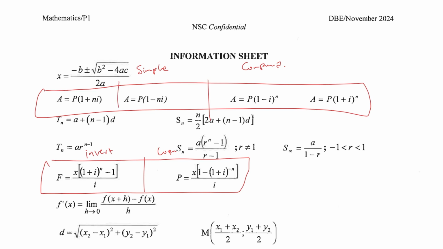This one is where you're gaining something, and this one is you losing something or reducing. This is again compound, this is loss. If it's negative here, that's loss, and this is gain. That's what you really, really need to know.